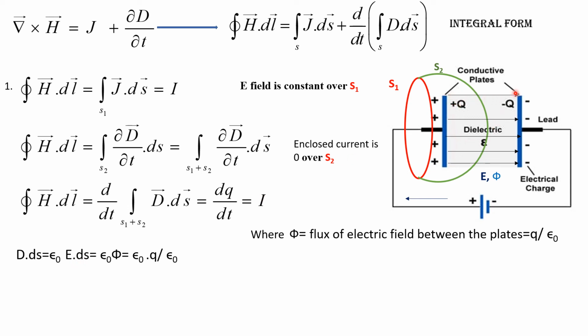The electric field is in this direction and dS is also in this direction, so the dot product gives E dS cos 0, which is 1, since they are in the same direction.